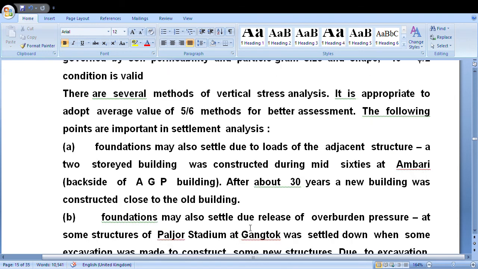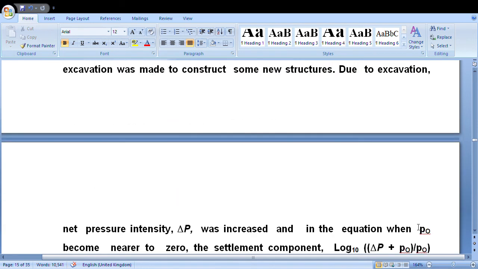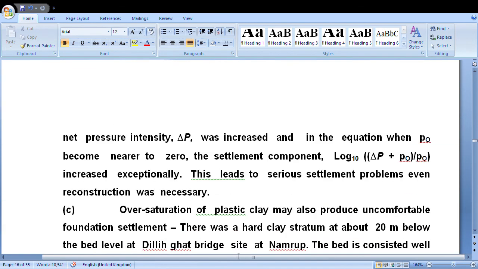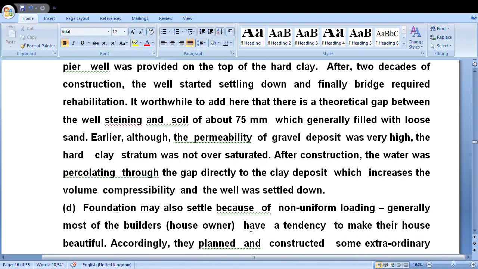Foundation may also settle due to release of overburden pressure. Oversaturation of plastic clay may also produce uncomfortable foundation settlement. Foundation may also settle because of non-uniform loading.